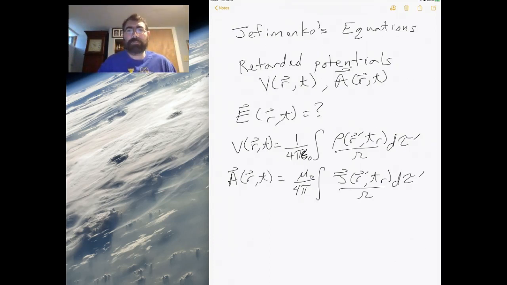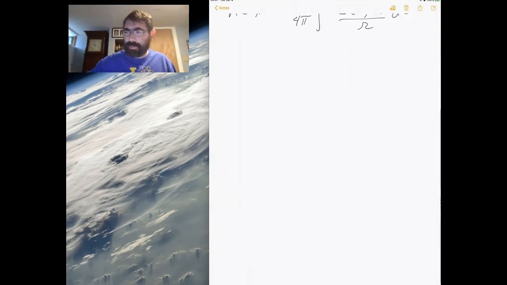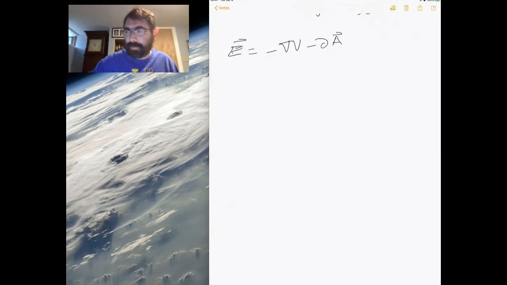Now we want to calculate the electric field. Okay, so we have a form of the potentials. The electric field, if you remember, we can calculate as minus the gradient of the electric potential minus the time derivative of the magnetic potential. So we're going to do this from general principles.